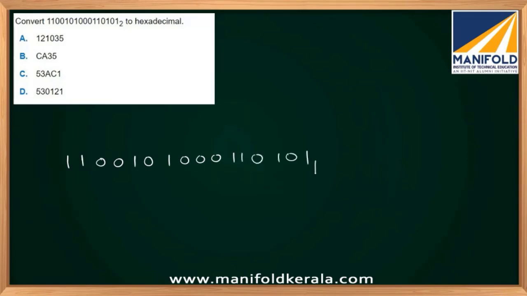So let us start grouping from the left by 4. Now tell me which are these symbols. If I'm making something wrong, please notify me. I may make some mistakes when I'm writing these things.